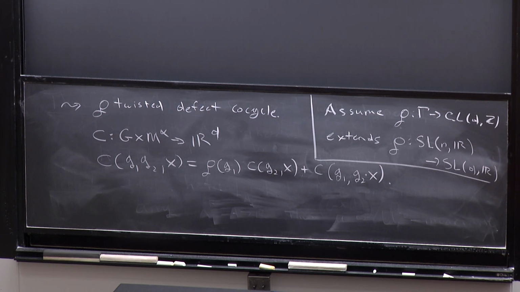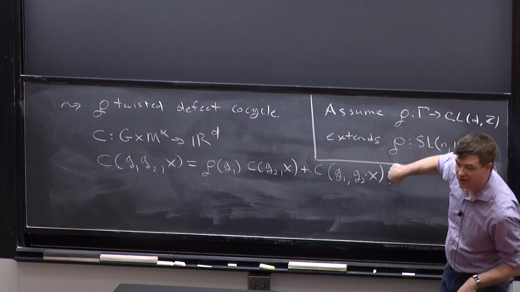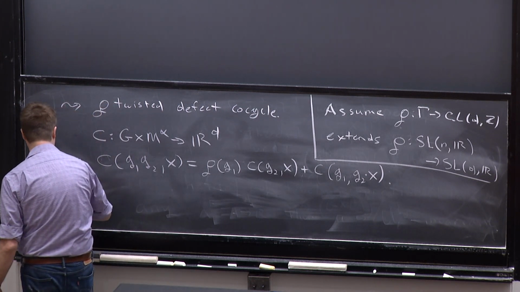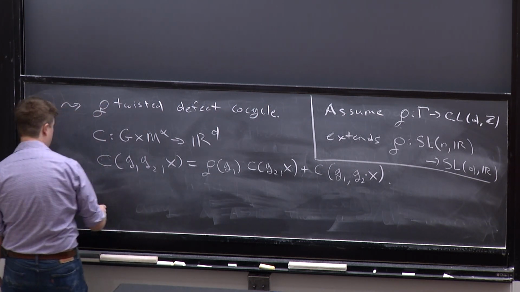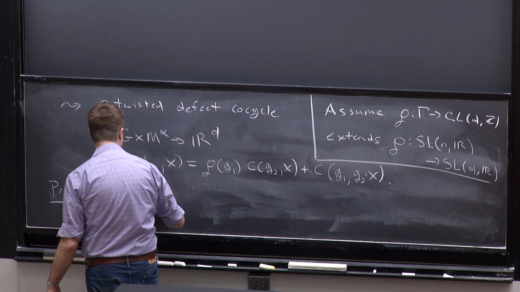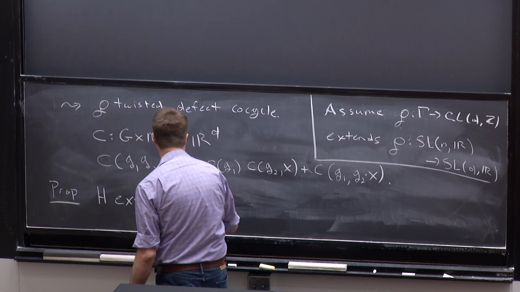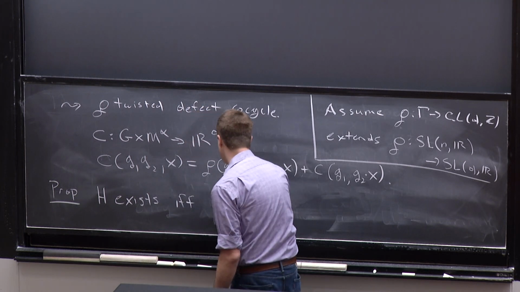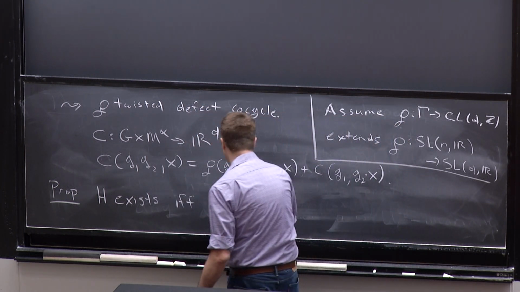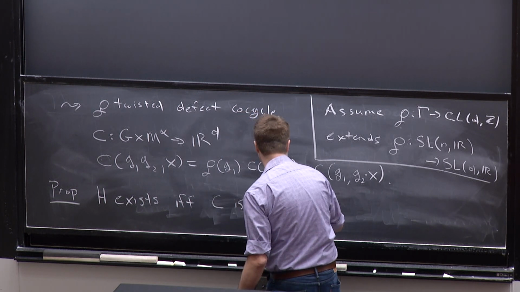And in the notes I've written down a definition for this thing. And the key proposition is that the H exists if and only if this defect functional that you build from an initial guess is a coboundary.